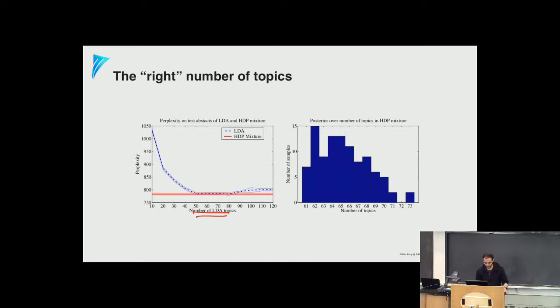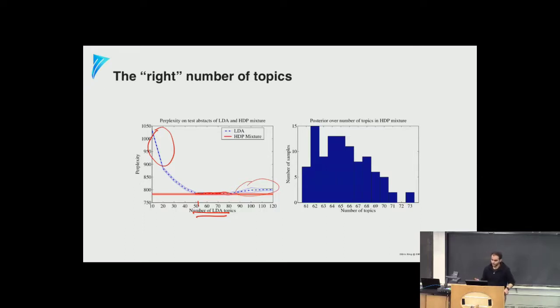So we have this blue curve that corresponds to LDA with different numbers of topics, and we see that some numbers of topics are suboptimal, right? And at some point we get to this optimal region where, from 50 to 80, this is the optimal or almost optimal number of topics for the given data set. And then afterwards, maybe there is some suboptimality because the topics are too many, so that affects the likelihood a little bit.